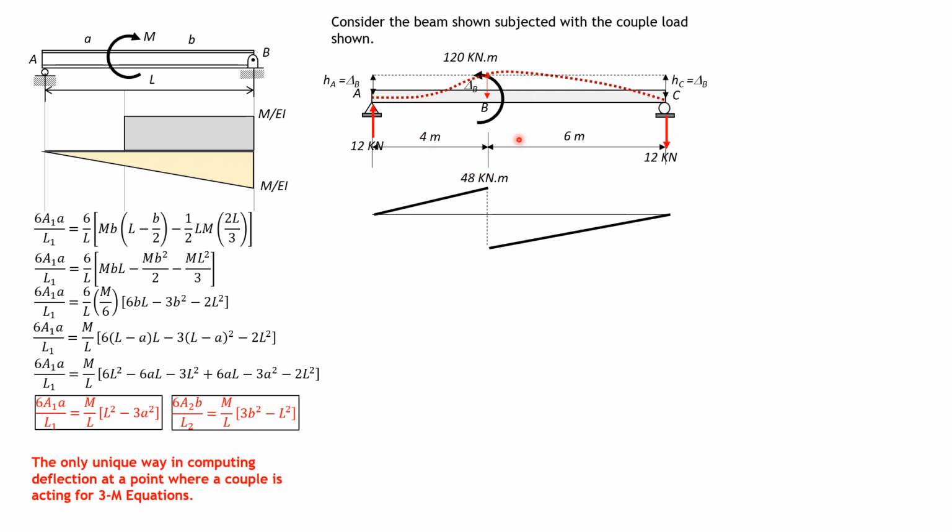Now, in the three-moment equation, the moment at B is treated as 0 because it crosses 0 moment, and secondly, we consider AB and BC as simply supported, so there should be no moment at the simple support B. So we still write this equation here, and we simply ignore MB to be 0. What we are going to compute will be 6A1ā over L1 and 6A2b̄ over L2.